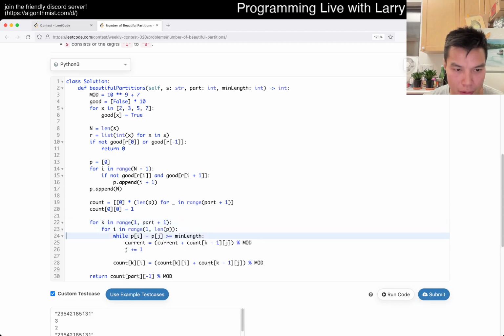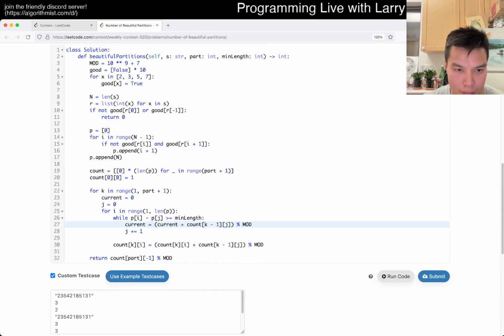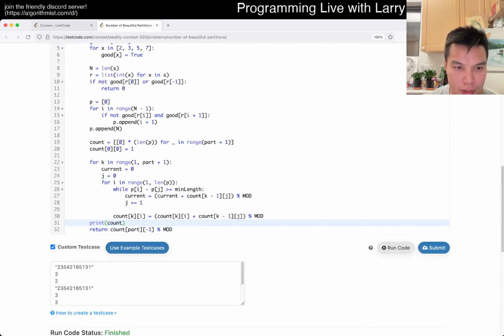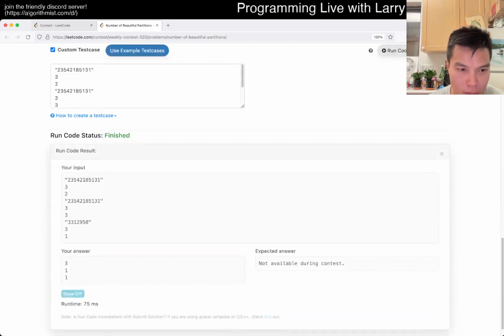I don't know that I can do this, to be honest, but okay, so it doesn't do anything really. Why doesn't this work though? Oh, I am dumb, that's why. Because this should be current.